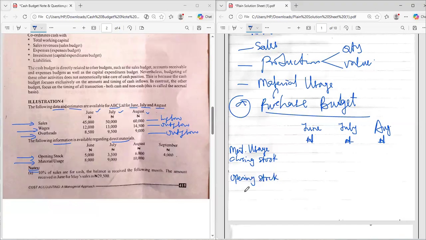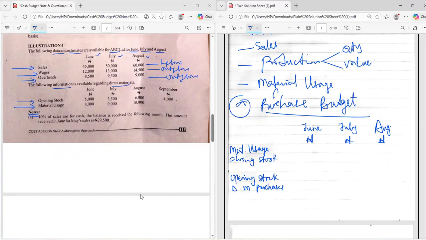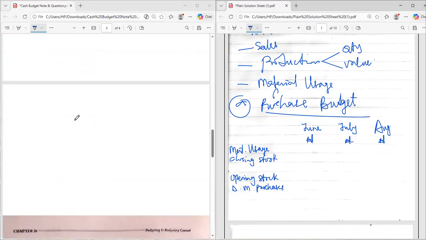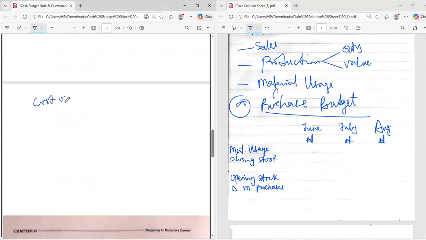And my final answer will be direct material purchase. Does that make sense now? So how do I know this? Look at the way I use my cost of sales, the one you have in your P&L account, your trading account. What's the first thing in your cost of sales? Opening stock.